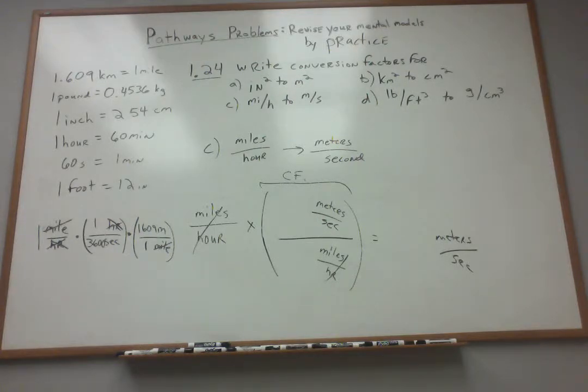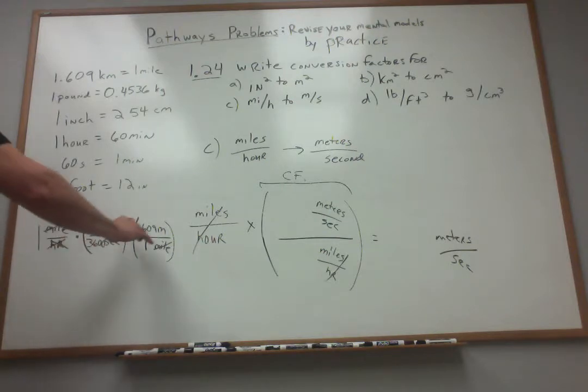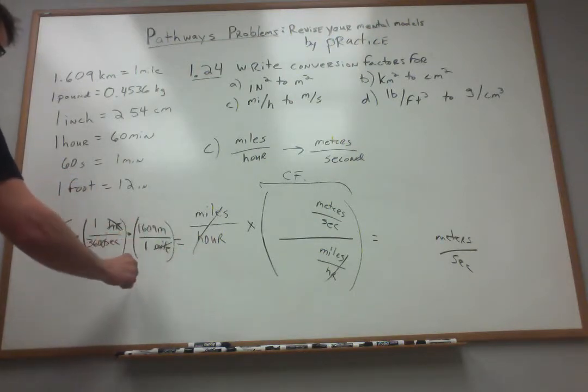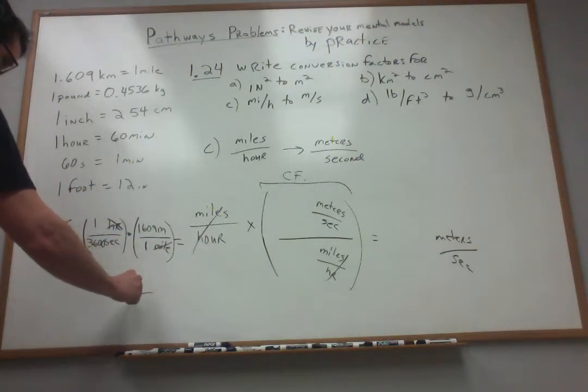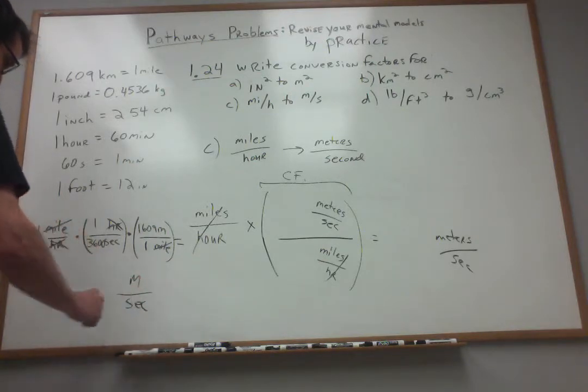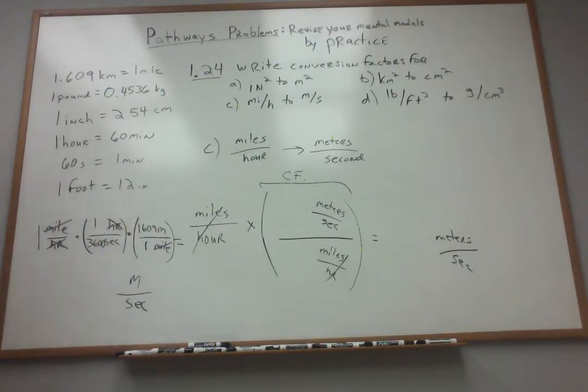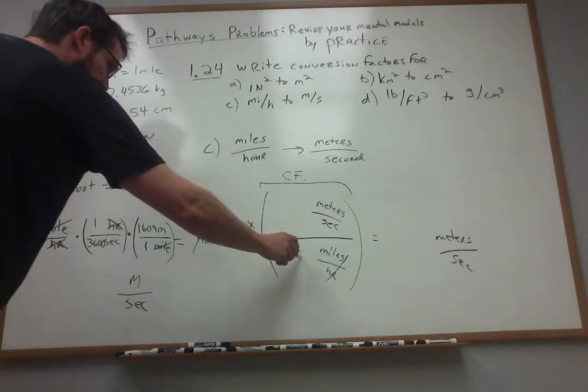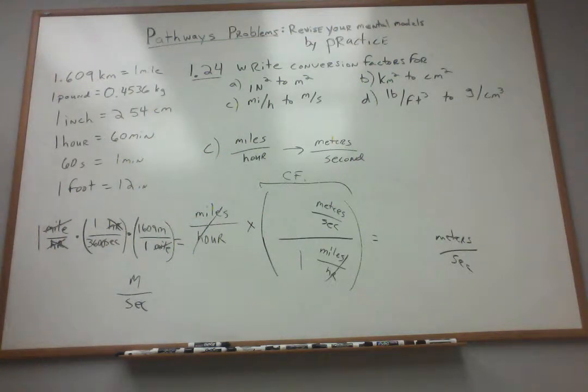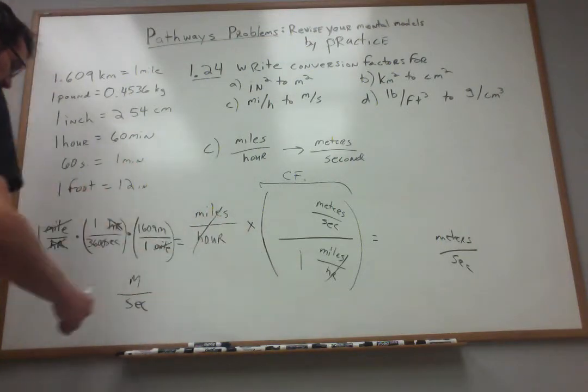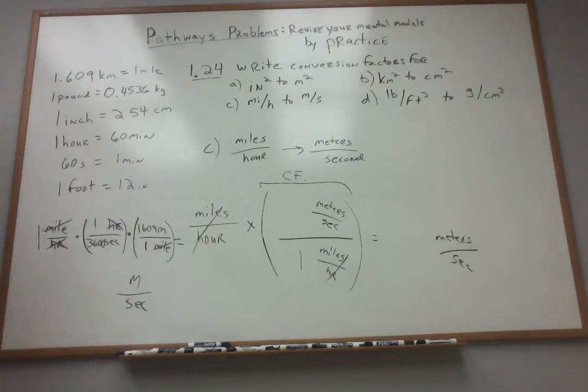Alright, so now you see that if we work the units out, what comes through the calculation is meters per second. And that's what our desirable unit in our conversion factor is. Remember, we started with 1 mile per hour. That's why I put the 1 there, okay?